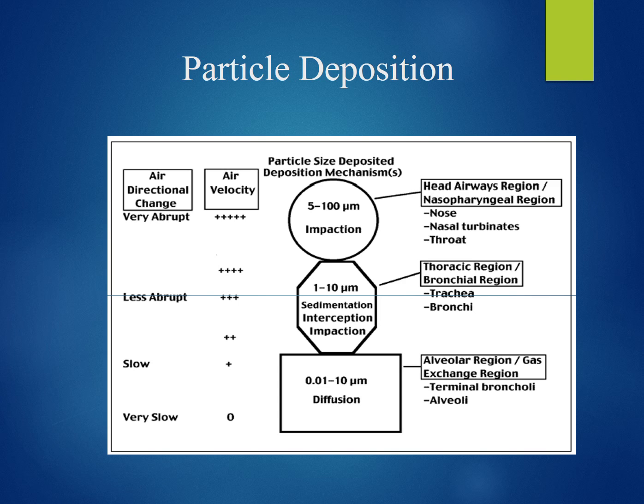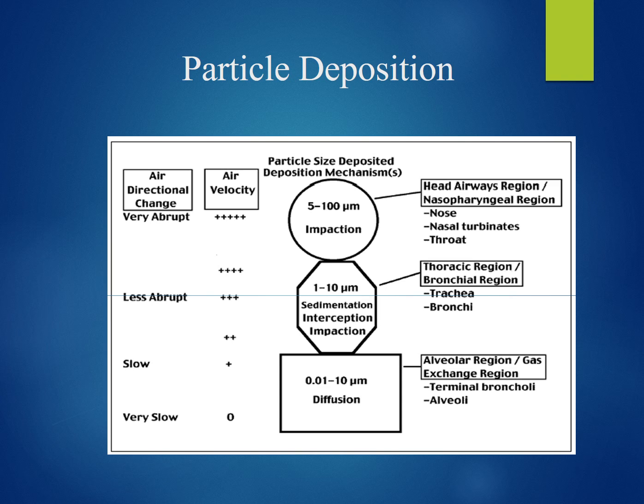This figure shows the part of the lung that different sized particles can penetrate to. Those that are 5 to 100 microns tend to impact due to inertia and are trapped in the nose, nasal terminates, or throat.